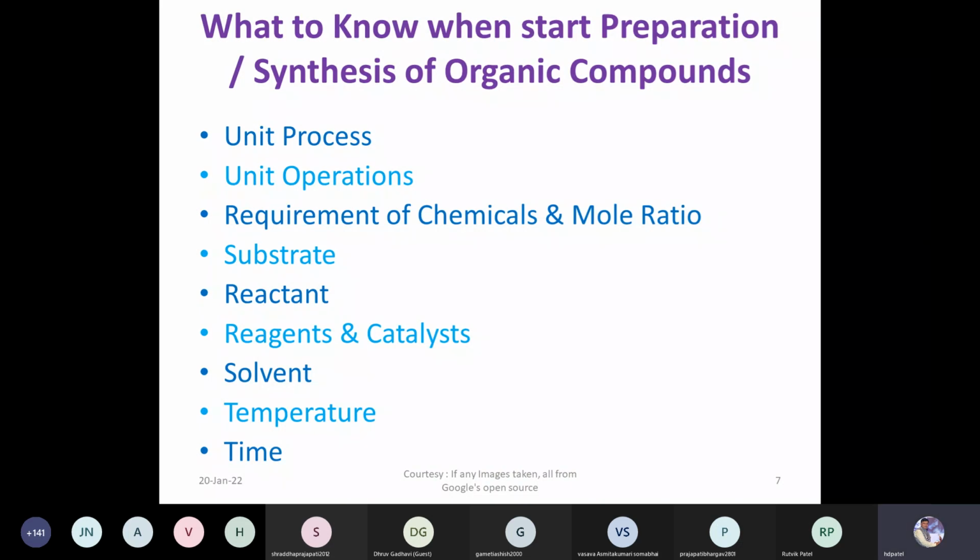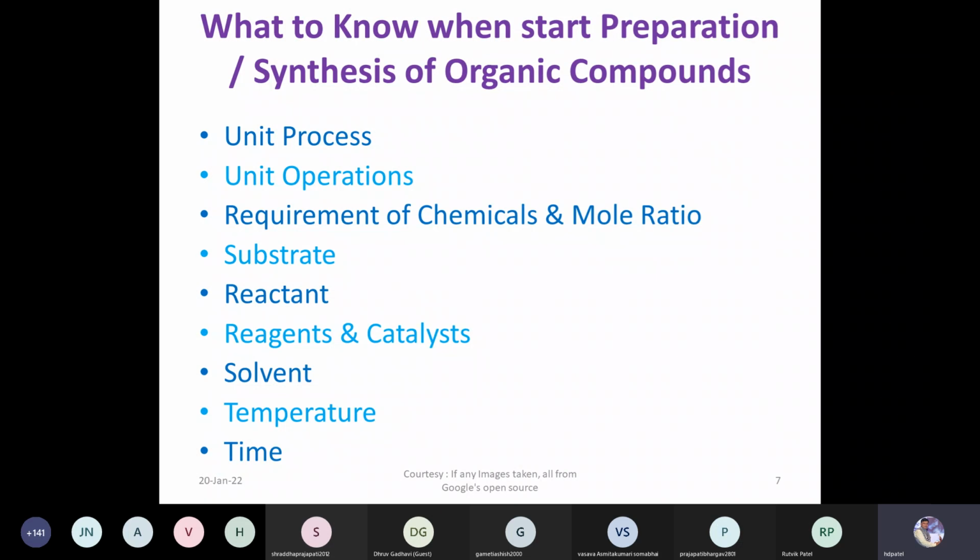Now unit operations. Unit operation is a phenomenon in which conversion of matter, or we can say physical change of matter, takes place. એટલે કે કોઈ કમ્પાઉન્ડ ઉપર કોઈ ફિઝિકલ પ્રોસેસ થઈ રહી છે. Now what are physical changes? Physical changes include increase or decrease in temperature, stirring, conversion of solid to liquid, liquid to gas.